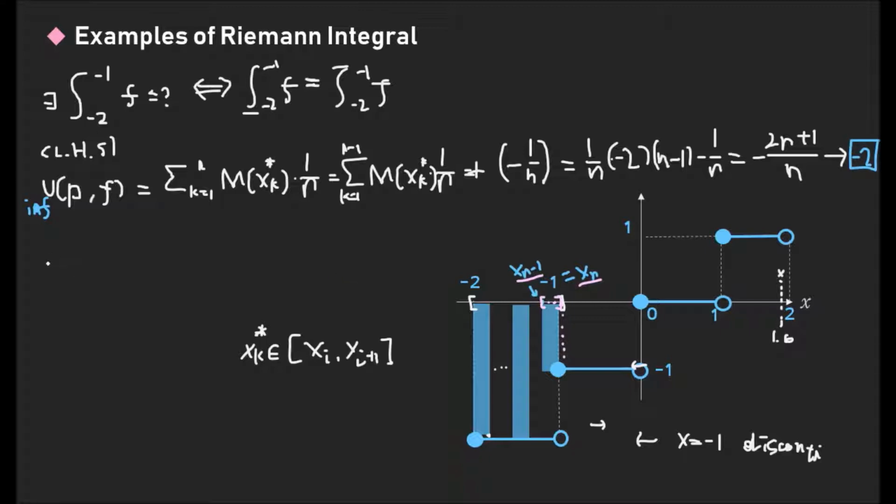And in the case of the lower sum, we can calculate the same way here, but this takes the infimum value. So when you calculate it, it is the same rule as the first, second and third parts, but the problem occurs in the last part.